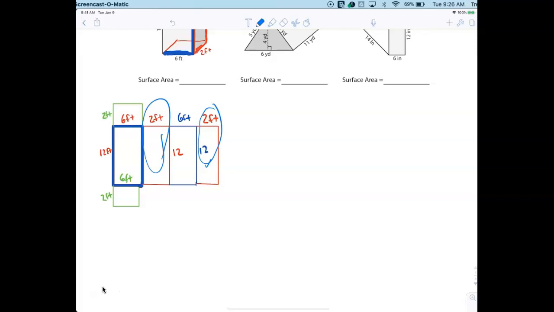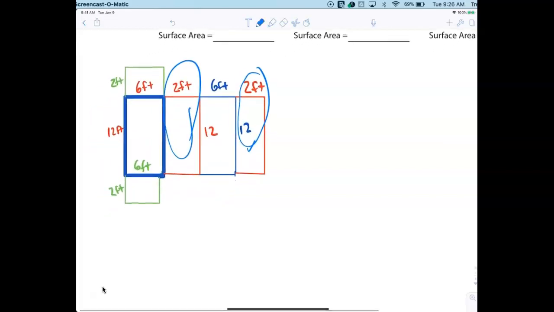Now, what I want from you guys is this. We're going to calculate the individual surface areas. So, again, what's the surface area of the farthest left rectangle, the blue one? 72. I like that. 72 square feet, right?